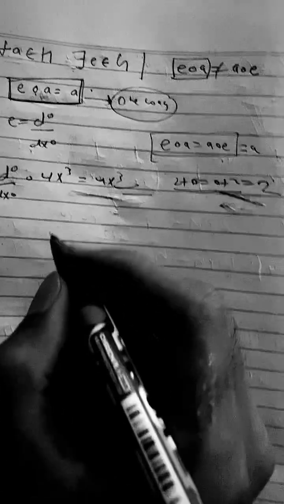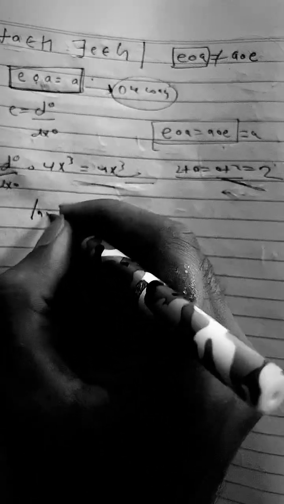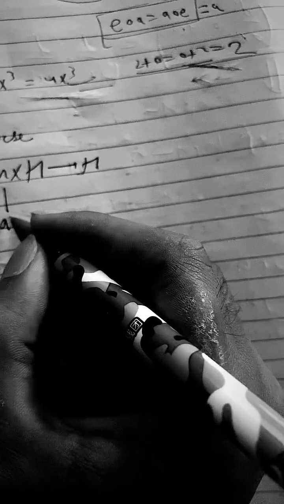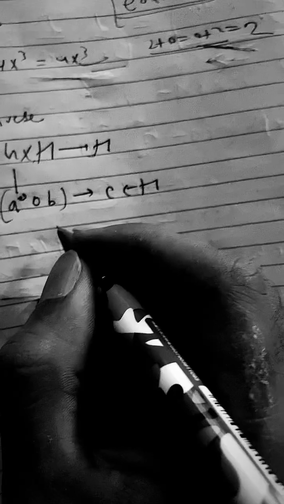Now, what about inverse? What does inverse mean? Our operation O is G cross H to H. It means we take an element from G, which will be our A, and take an element from H, B, and it should produce an element C that belongs to H, and then B will be B inverse.